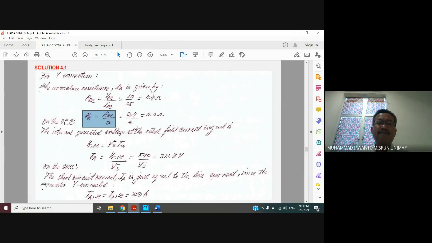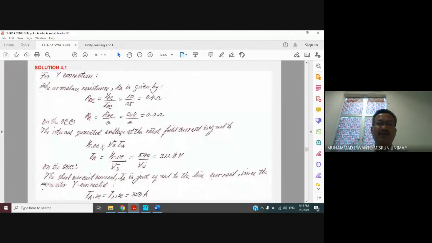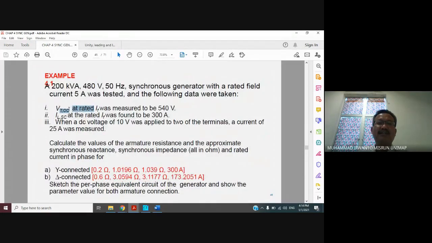Okay, and then from the open circuit, we have the phase voltage, 540 volt. It is not mentioned, meaning here it is the terminal voltage for the Y, line to line.